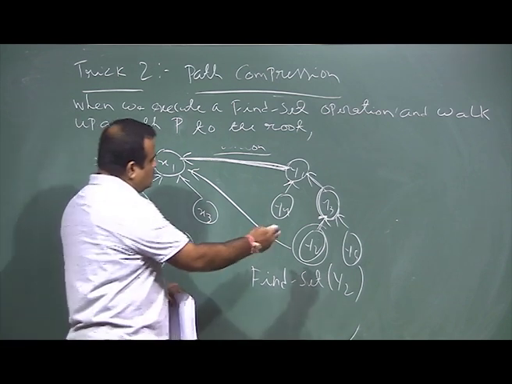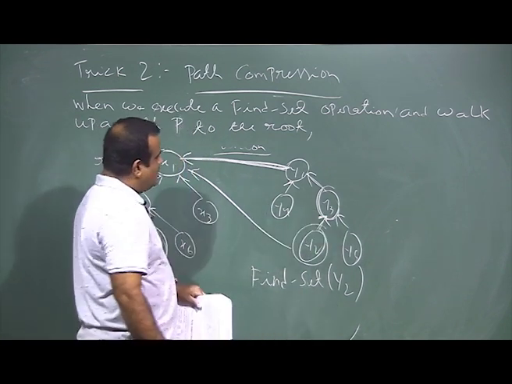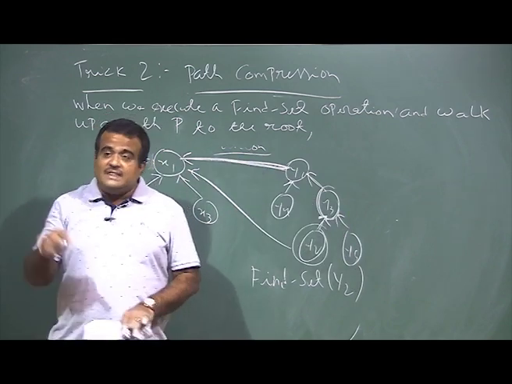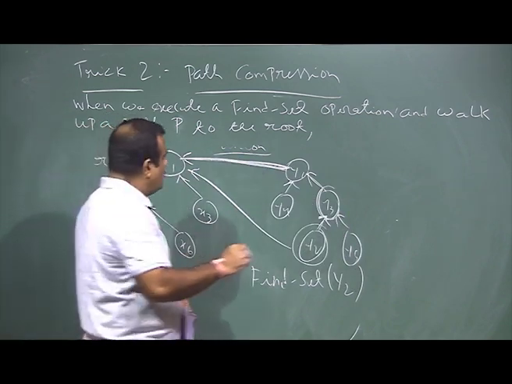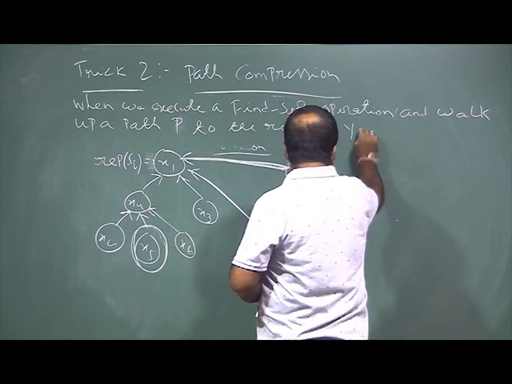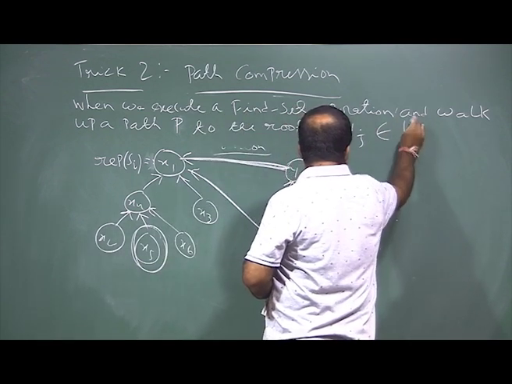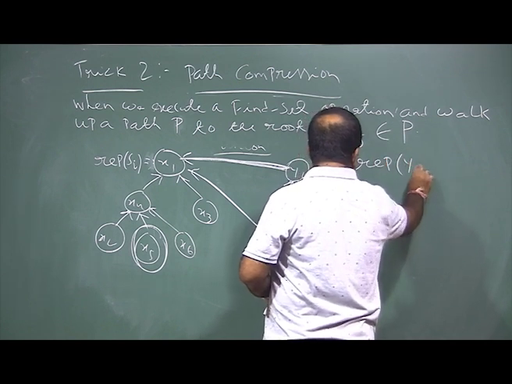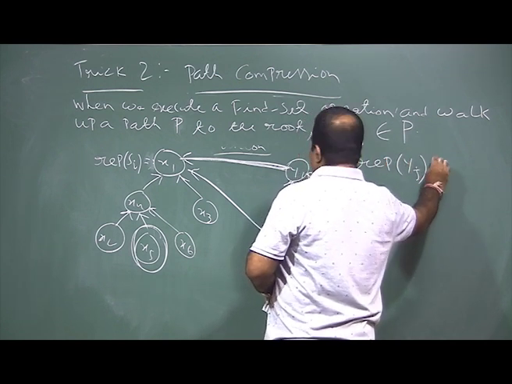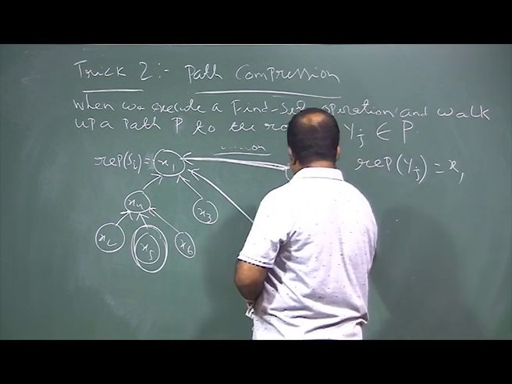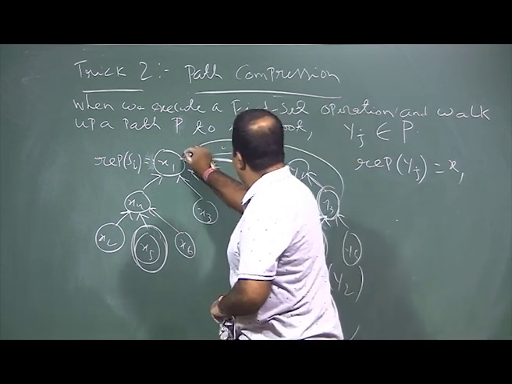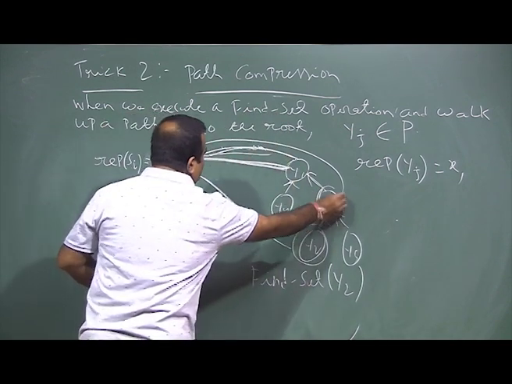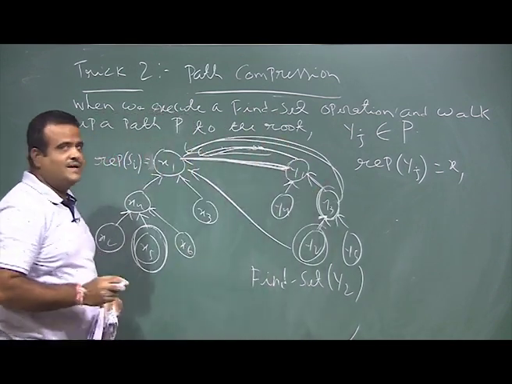We are going to change the representative element of each node in that path. So, if a node y_j belongs to this path P, then we change the rep of y_j to be x1. So, we have a direct pointer to the root for all the elements in that path.